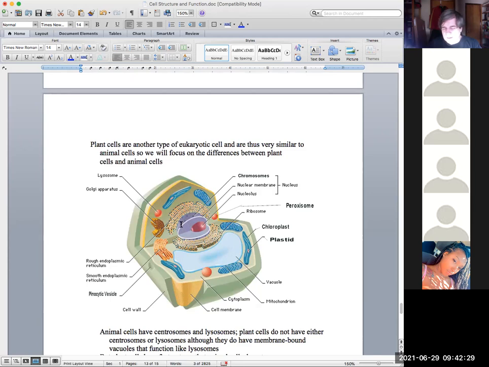These little layers out here are the rough endoplasmic reticulum. Here we have some smooth endoplasmic reticulum. Here we have the Golgi apparatus. Now notice this diagram says there's a lysosome here. Remember what I said, some people call it the same thing. We have mitochondria.